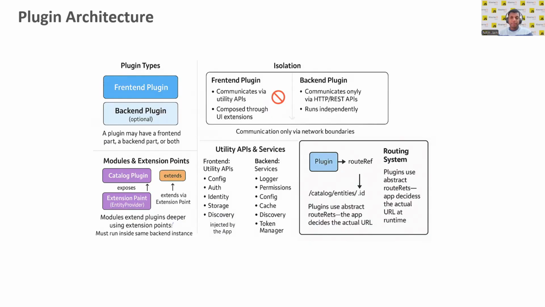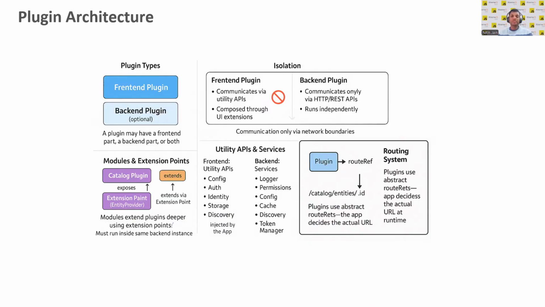There are utility APIs on the front-end side as well as services on the backend side, which will help you fetch the data without going much into the detail. There are extension points which allow you deep customization. So if you want to customize an existing plugin, you could use extensions to do that.